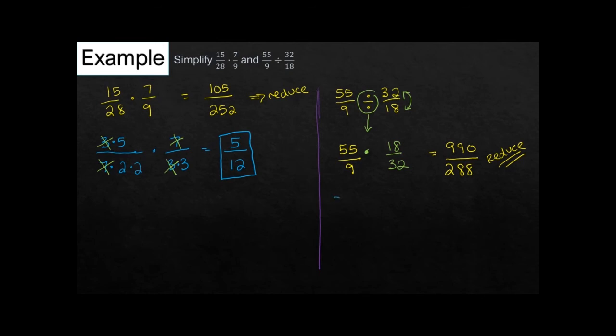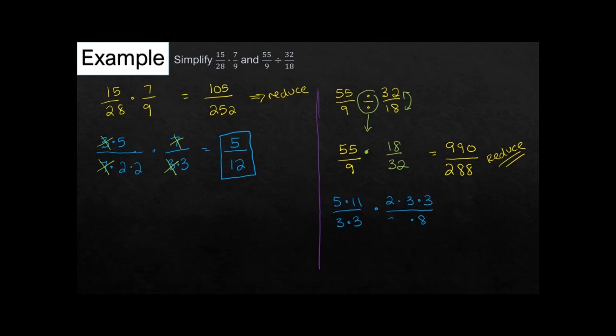So 55 is 5 times 11, and neither of those numbers can be broken up. 9 is 3 times 3. 18, if it's 2 times 9, and I can split 9 up as 3 times 3. And then 32 is 4 times 8.